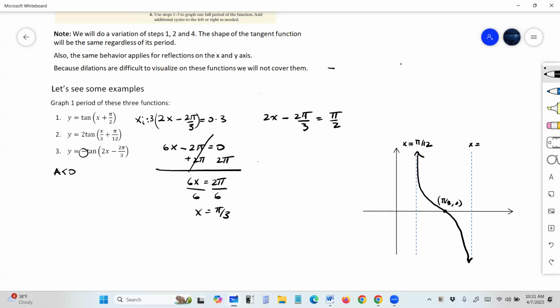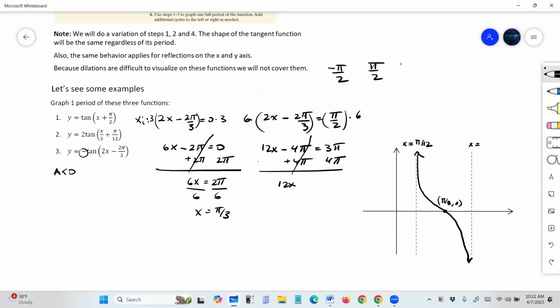So in the left asymptote, we made it equal to negative pi over 2. On the right asymptote, we're going to make it equal to pi over 2. So here it is. And now I'm going to multiply both sides by 6 to get rid of the denominator. So I have 12x minus 12 pi over 3, which is 4 pi, equals 6 pi over 2, which is 3 pi. And I'm solving for x, so I'm going to add 4 pi to both sides.